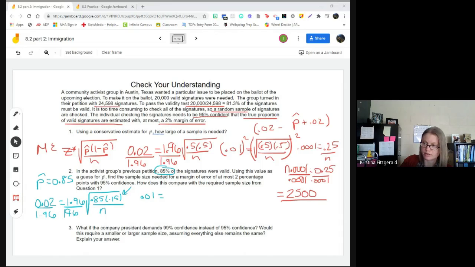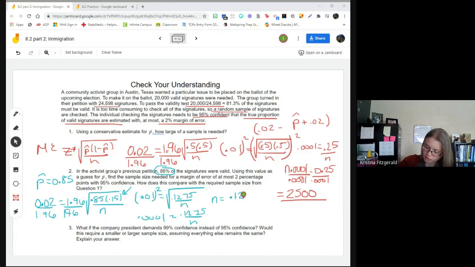So I'm just rounding this off again to 0.01. I'm going to do 0.85 times 0.15 in here, just so I have that number. I'm going to square both sides. So that's going to give me that number again. And then I'm going to multiply by n and then divide away the 0.01 from each side.